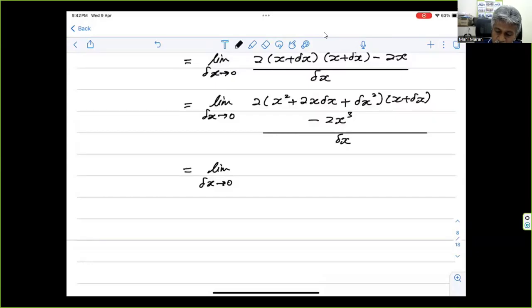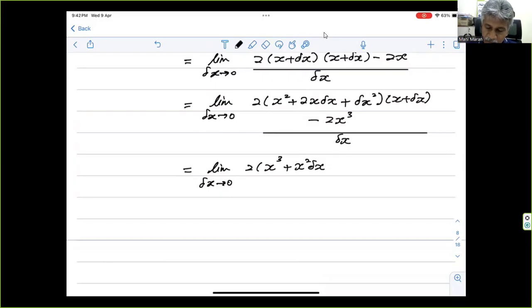Okay, so we take 2 over there. So x squared multiplied by x will give you x cubed. And then the second term will be x squared multiplied by delta x.